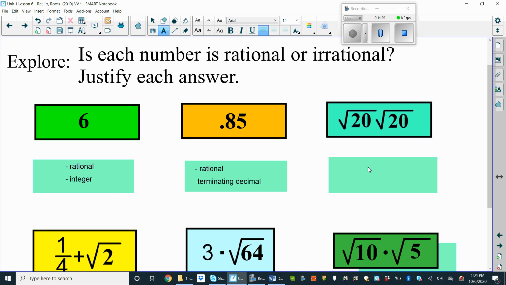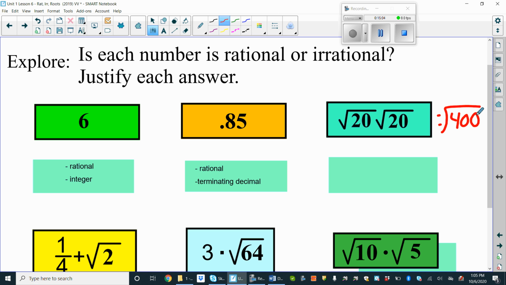Number 3, this one's a little bit tricky. When you have an operation being performed, you want to look at everything all together. When you are multiplying a square root by another square root, you always keep the square root and multiply the two numbers inside. So I'm going to keep my square root, and 20 times 20, when you type that in your calculator, is 400. Now you go and check what the square root of 400 is.